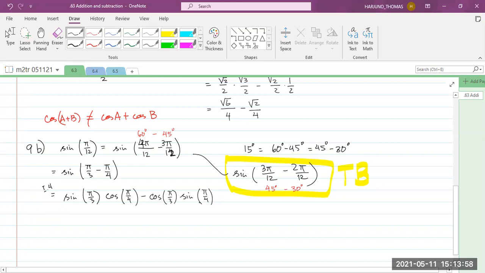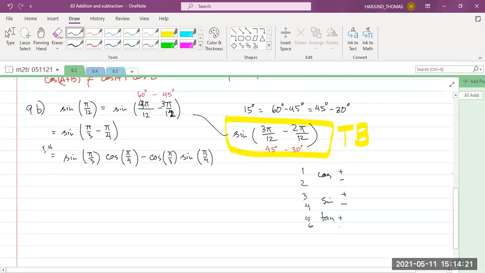Now, the structure is pretty much like this. 1, 2, those both are cosine sum difference. 3, 4 are sine sum difference. 5, 6 are tangent sum difference.